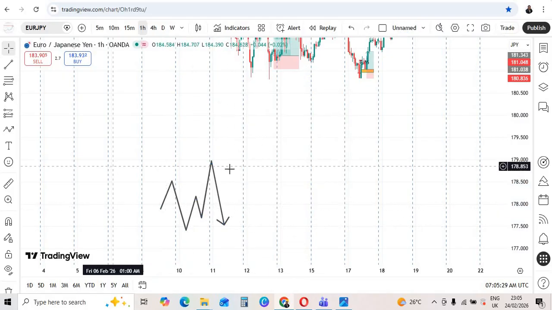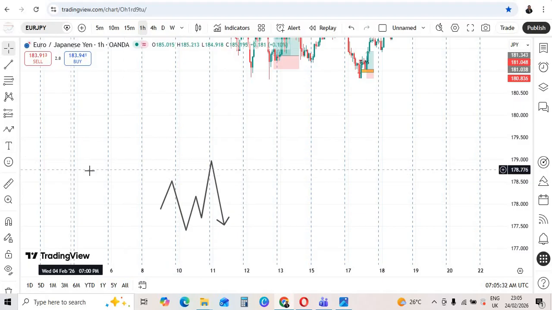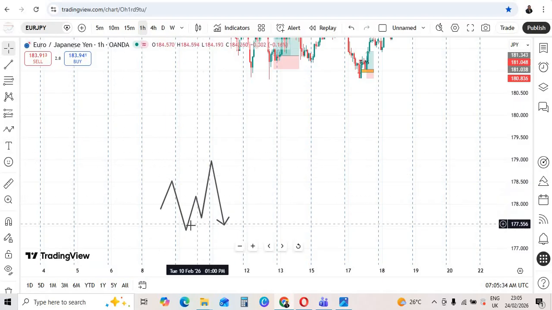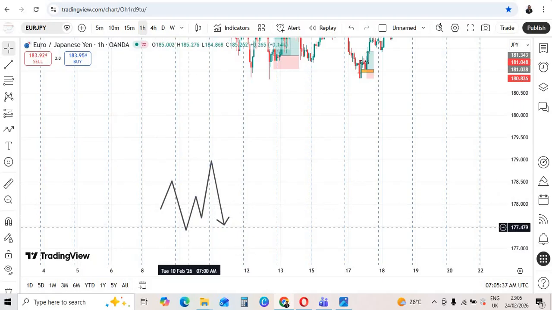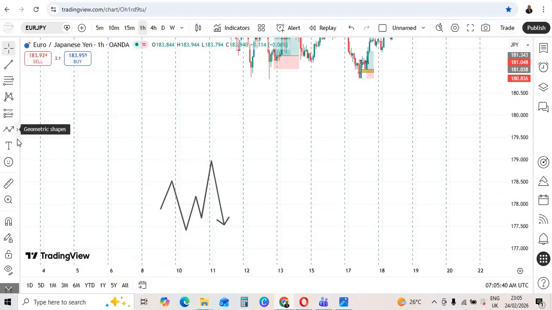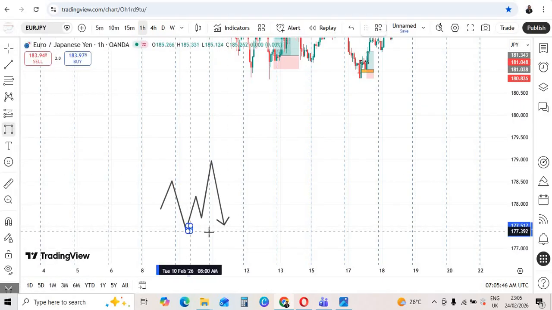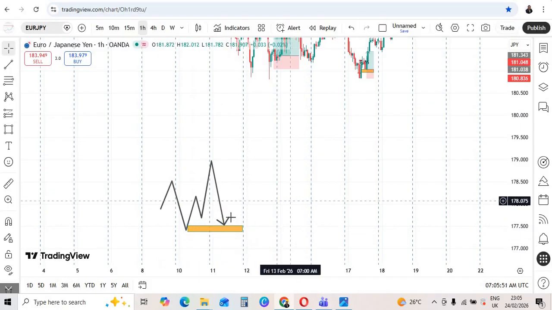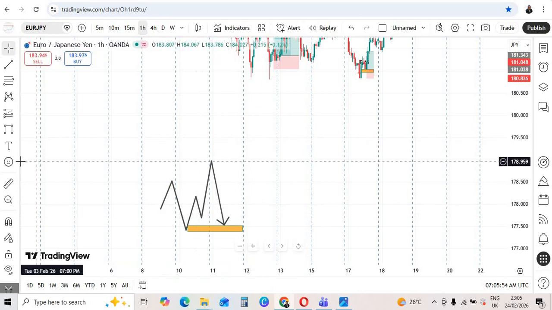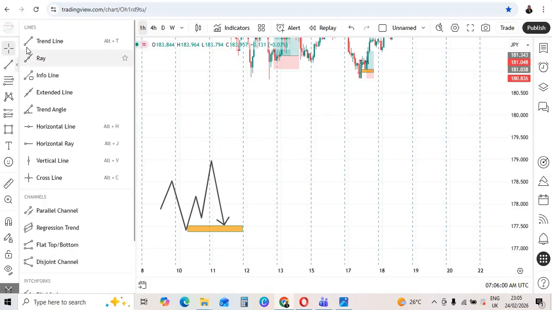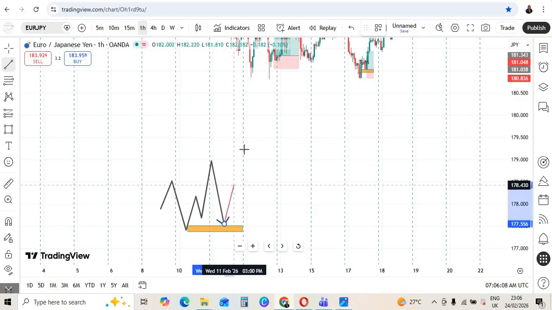So the first thing we're having here is a sweep. Price comes back to this zone, price comes back to take out this low.